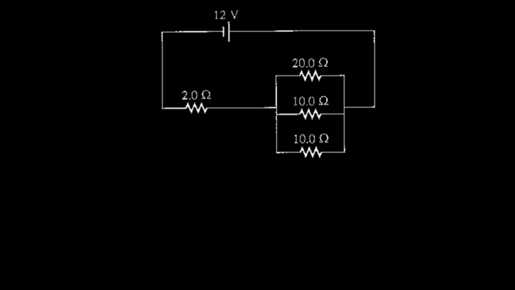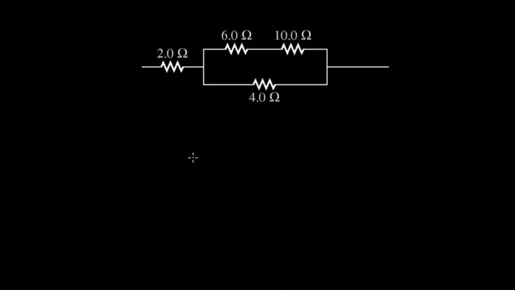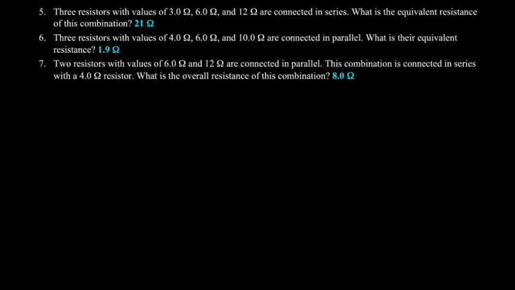Okay, let's see, I think we have 2 more. So this one, how do we go about it? I think this one we have covered already. Sometimes you're given statements, so you have to know again how to calculate. Let's say question 5 here. You're given 3 resistances of values 3, 6, and 12.